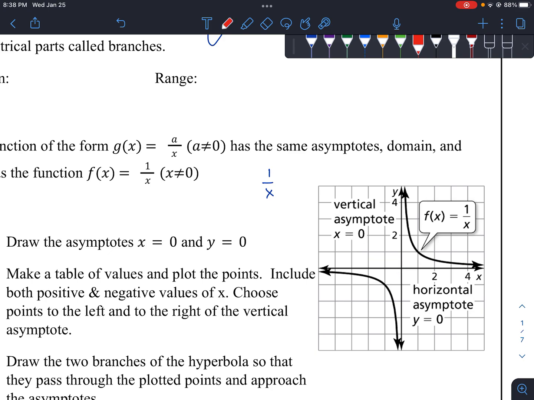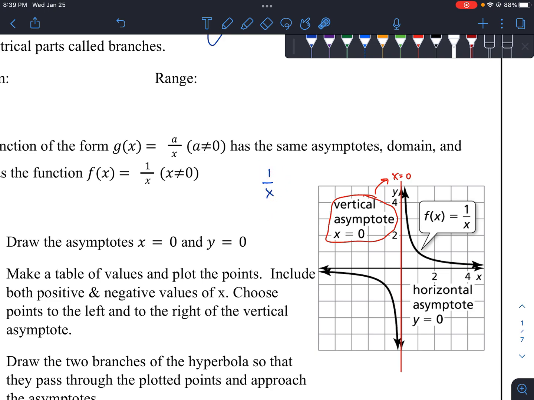So you can see that this function never crosses the y-axis, which is where x is equal to 0. And we learned in chapter 5 that these lines are called asymptotes. So the vertical asymptote right here is x equals 0. You cannot divide by 0. It's an undefined expression.